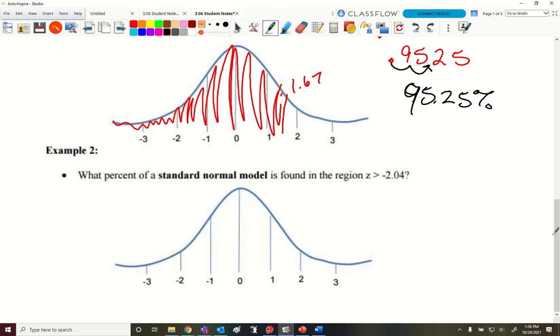Now we're going to do example 2. Same steps. I want you to do step 1 right now. So what was the first thing?